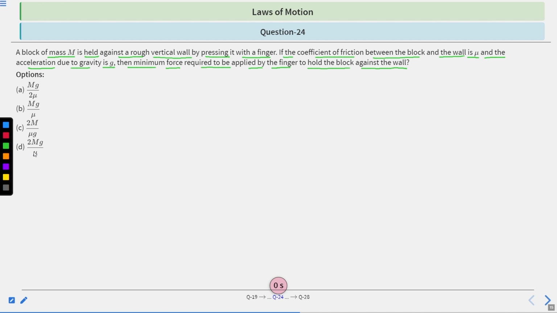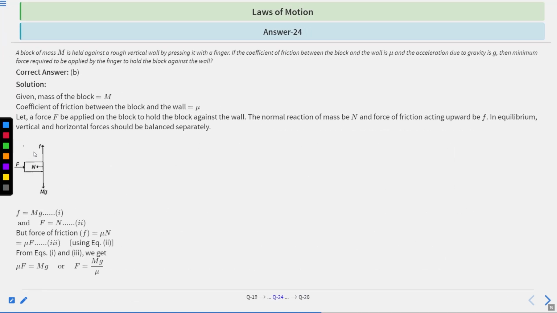Let's find a solution. The given terms: the mass of the block is M, and the coefficient of friction between the block and wall is mu. Let a force F be applied on the block to hold it against the wall.